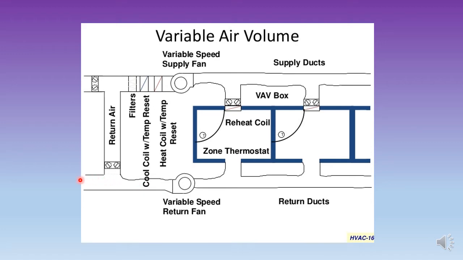Some of it will be blown to the surrounding, and some of it will return and mix at the mixing damper with the fresh incoming air before it goes back to the AHU, or air handler unit. Alright, are you on the same page with me?